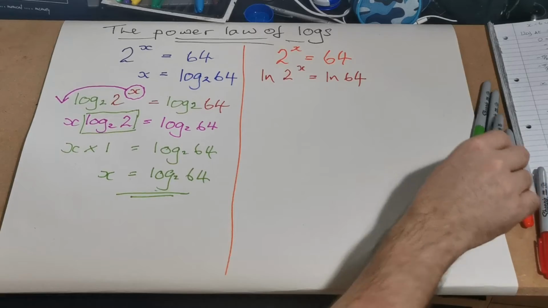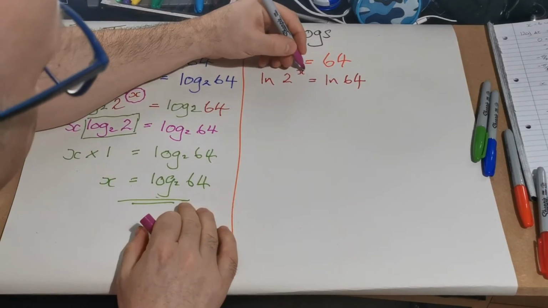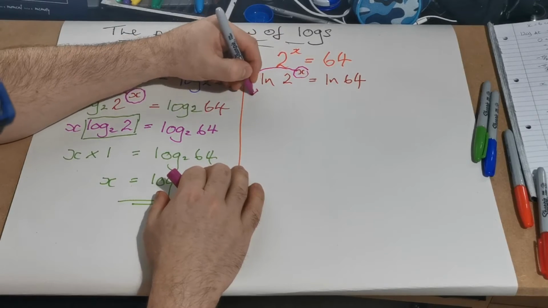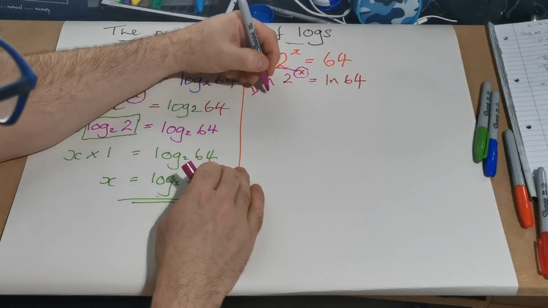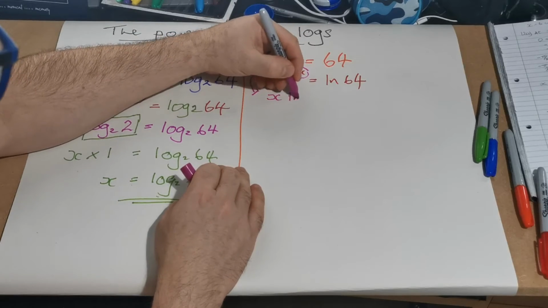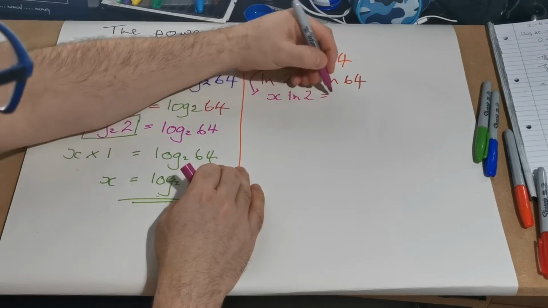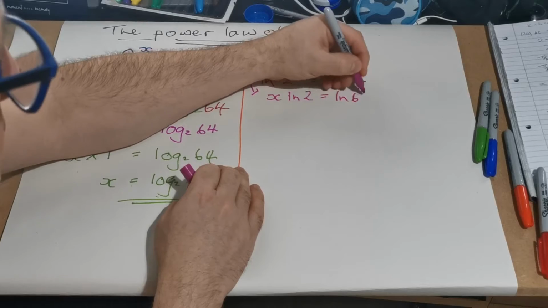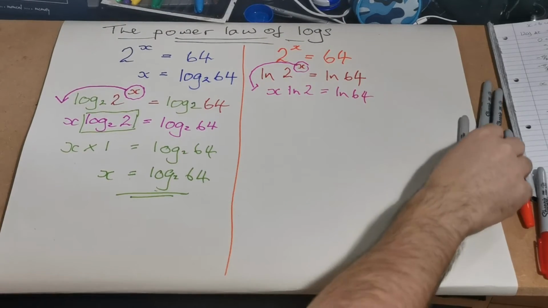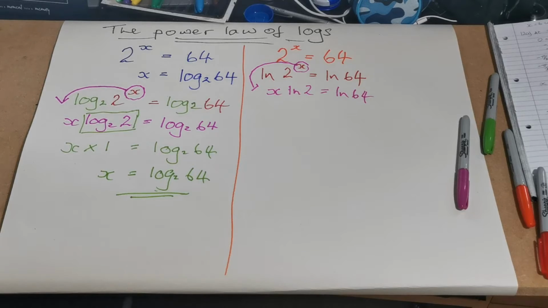Now that's okay. Then this power law says that I can bring this down to here. And so I get x ln 2 is equal to ln of 64. Now I don't actually know what the value of ln 2 is, and neither do I know what ln 64 is.